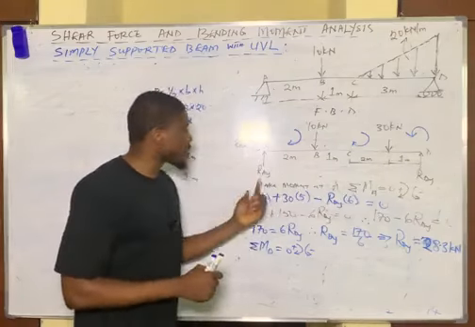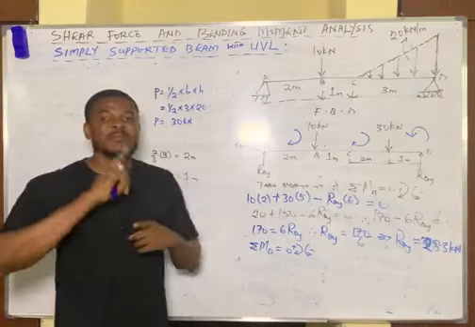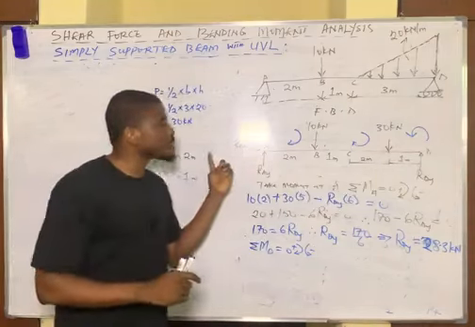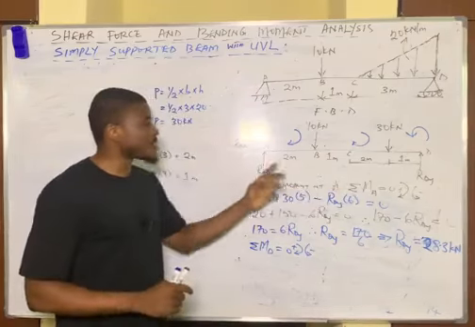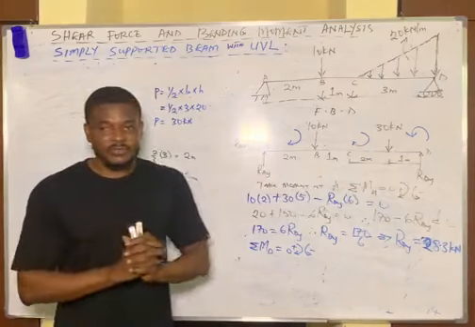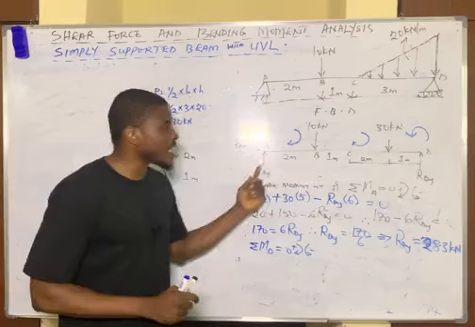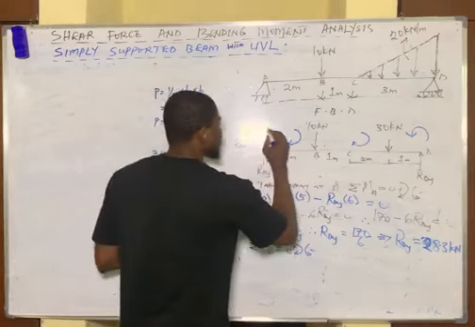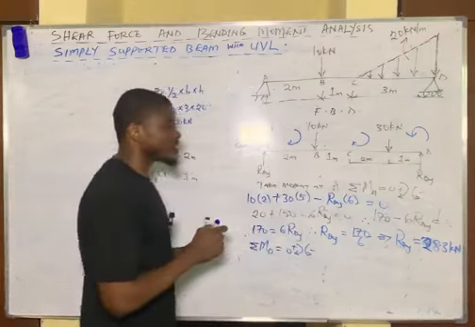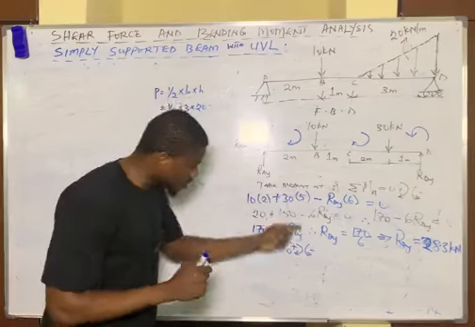Now we have RAY. Remember, moment must always be force times perpendicular distance, but RAX is purely horizontal, lying on the same plane as the plane of moment. So the moment of RAX about point D becomes completely 0. Now we take moment of RAY about point D. RAY is pointing upwards, so which means it will turn in this direction to take moment at point D. And this direction is what? Clockwise.